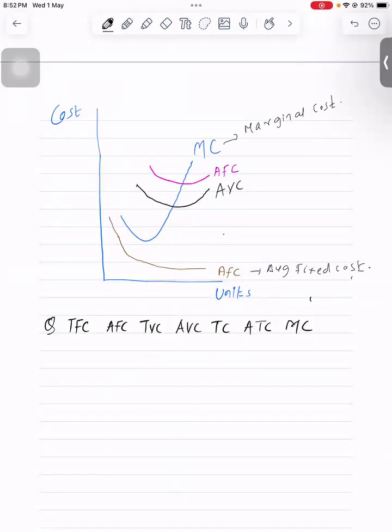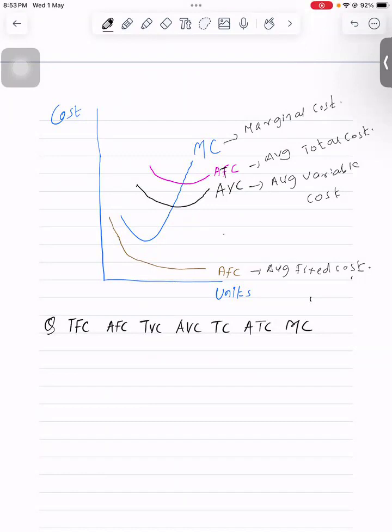Look at the one in black, AVC, which is U-shaped. AVC stands for average variable cost. And just above average variable cost, we have ATC, average total cost. Now you won't be asked to draw the diagram in the exam, but you might be asked to know the relation, how the shape of the curve is looking like this.